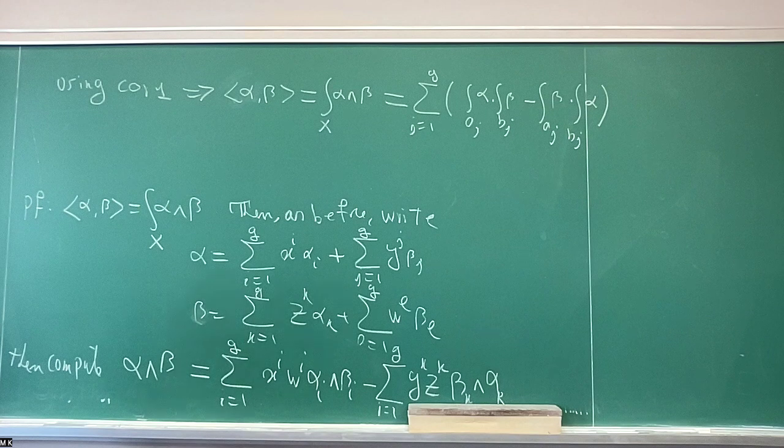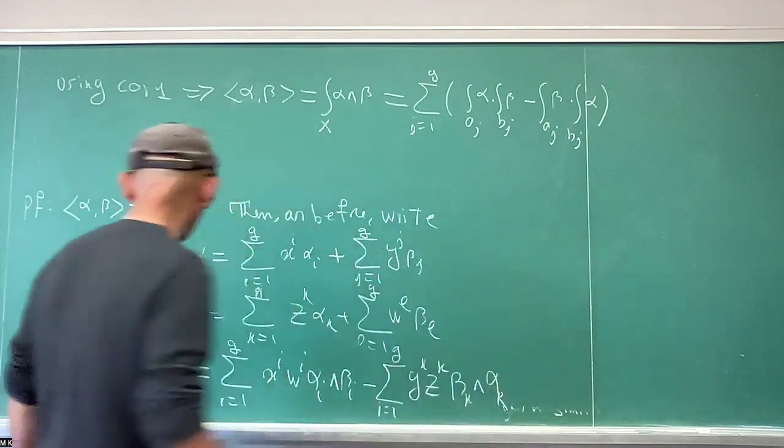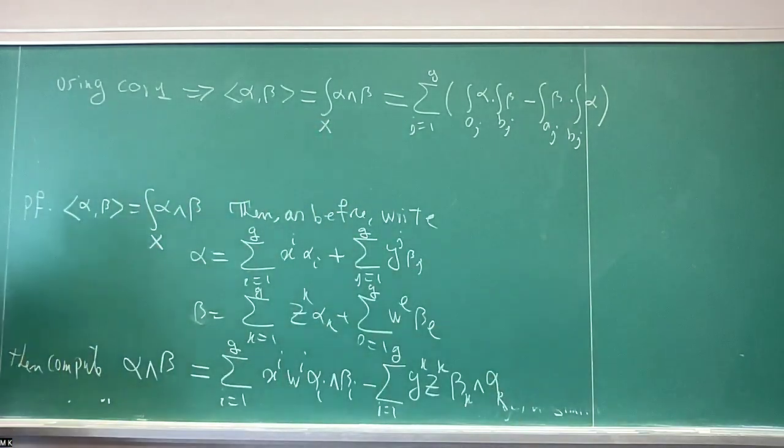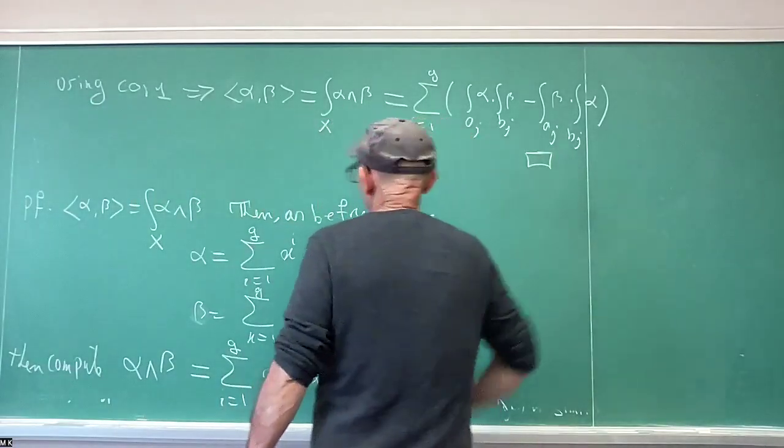So this is what we need now to finally prove these Riemann bilinear relations, but using a little extra information that I actually proved in the last lecture, but I will recall it.